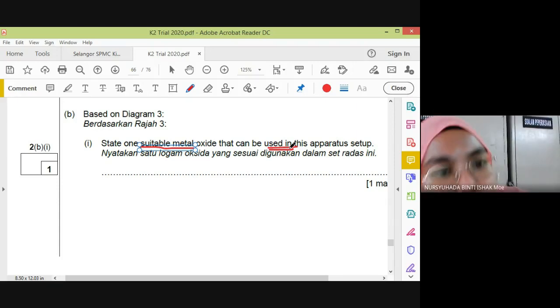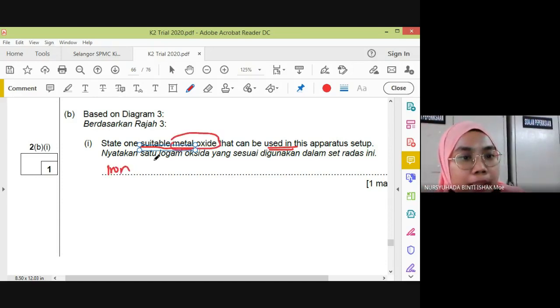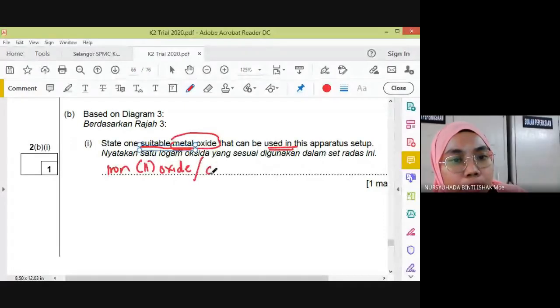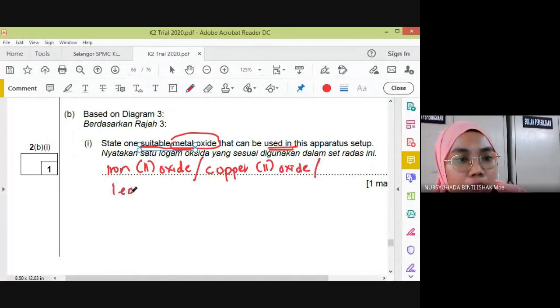Iron 2 oxide, betul. Lagi selain daripada iron 2 oxide? Sebab dia kata metal oxide kan, so you kena tulis nama dia, iron 2 oxide. Other than iron 2 oxide, apa lagi yang suitable? Mesti below hydrogen. Copper 2 oxide. Or lead 2 oxide. Mana-mana yang bawah daripada hydrogen. So antara tiga-tiga ni boleh terima, as long as dia bawah hydrogen.